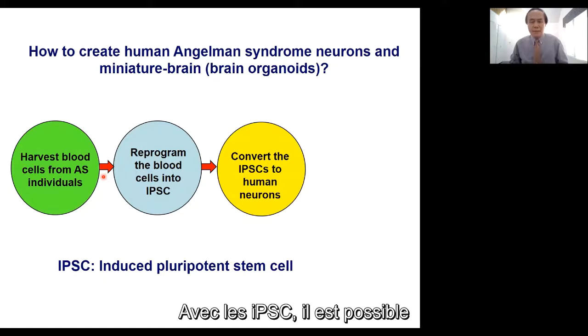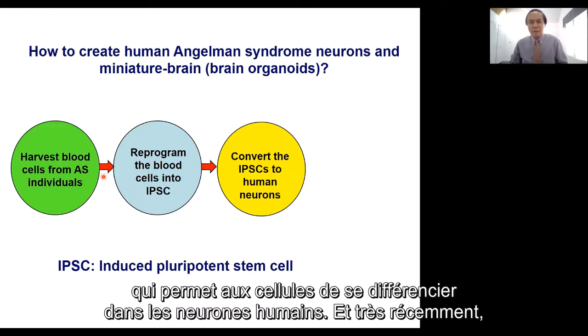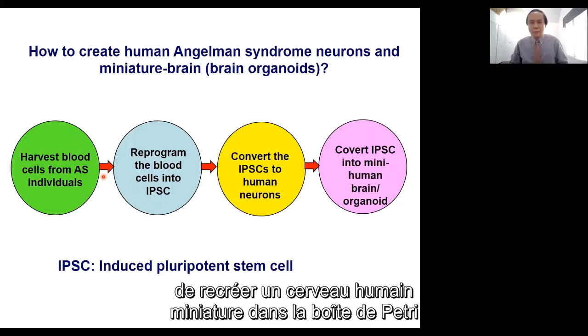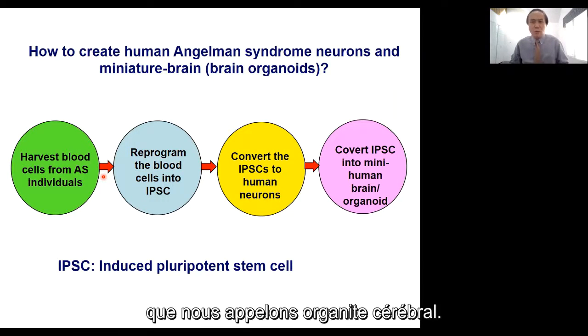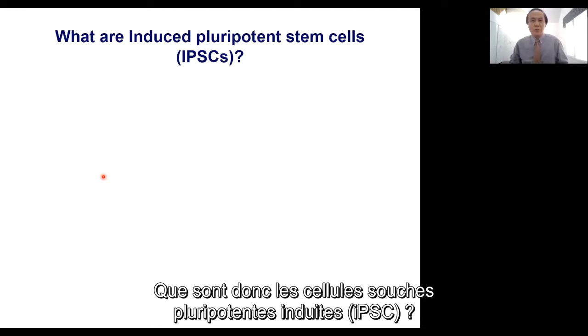With the iPSC, we can also use other methods developed later on to let the cell differentiate into human neurons. And very recently, scientists also figured out how to create a miniature human brain in a petri dish, which we call a brain organoid.